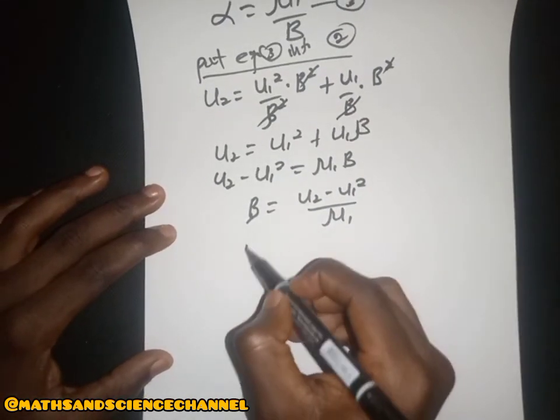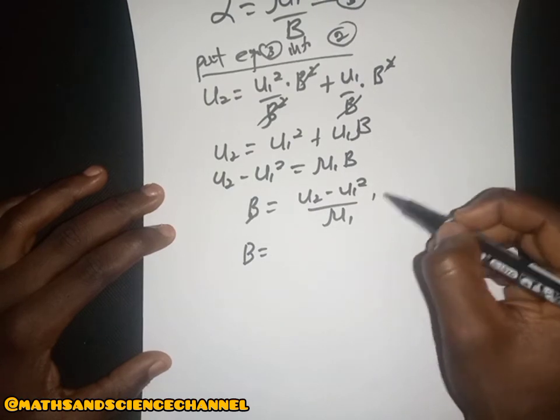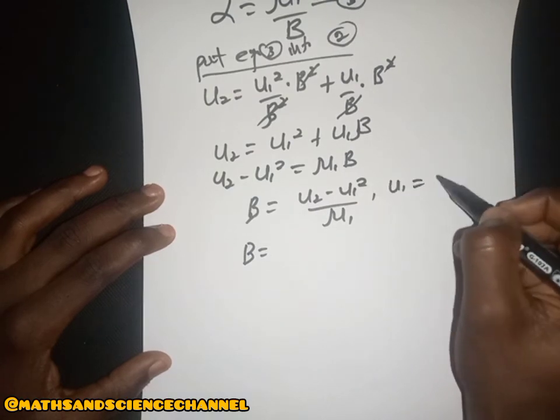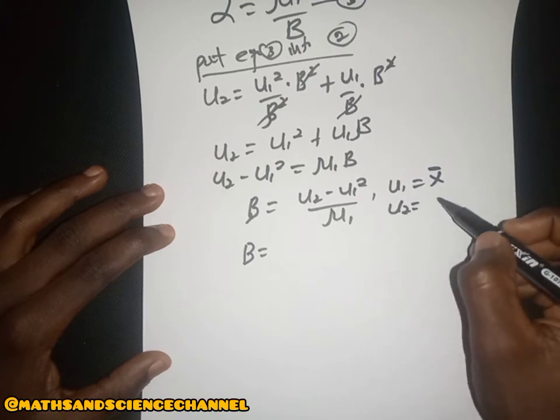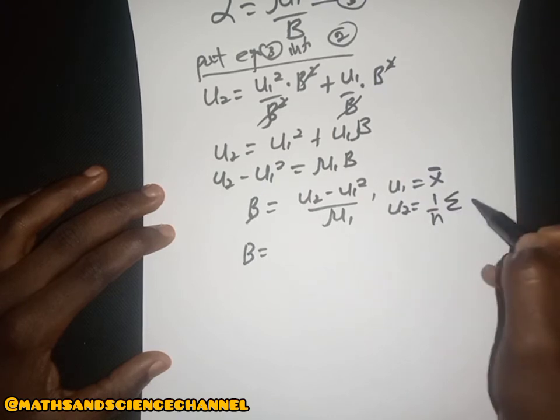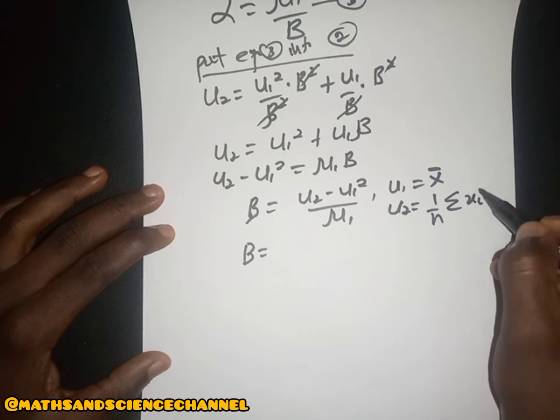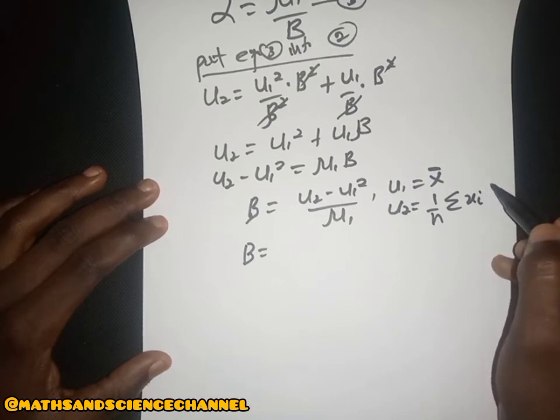So in this case we can write the whole thing here, because our u1 here is just the mean, and our u2 here, which is the second part of the mean, is just 1 over n times the summation of all the x values.